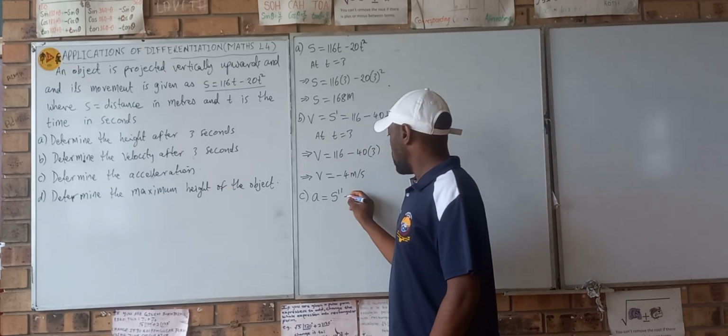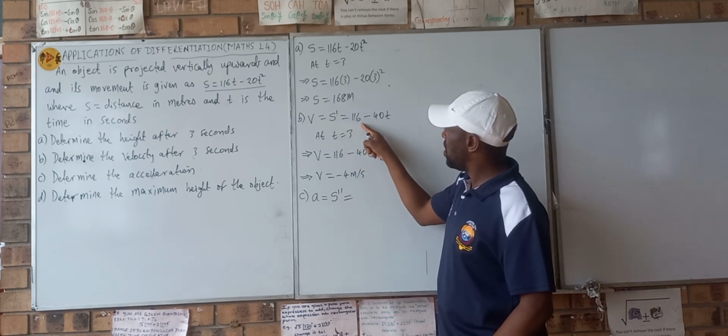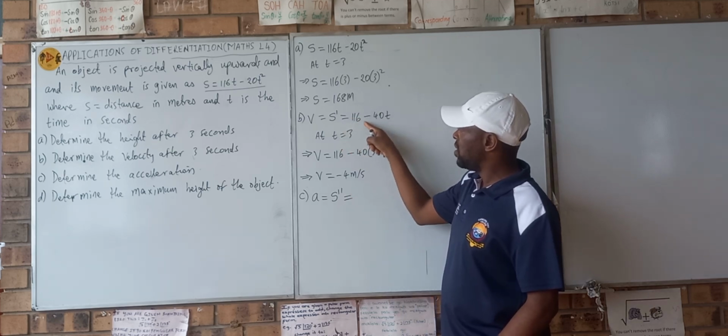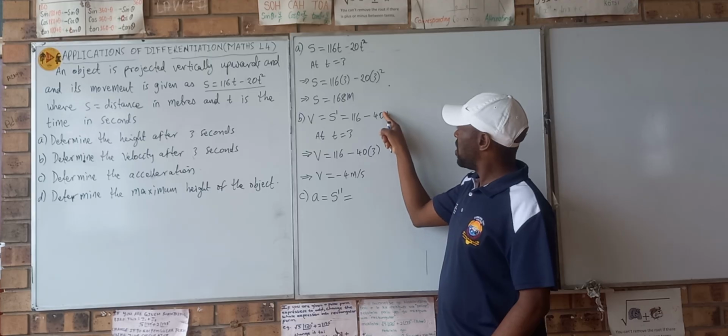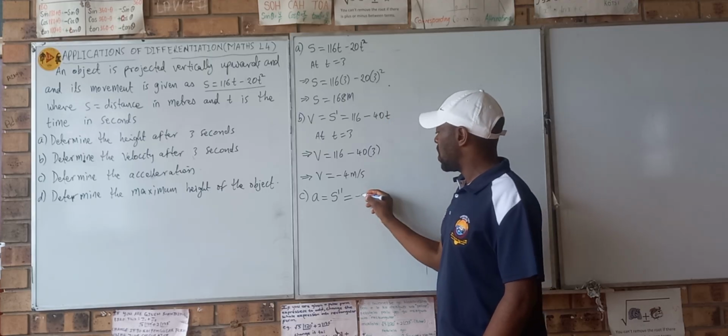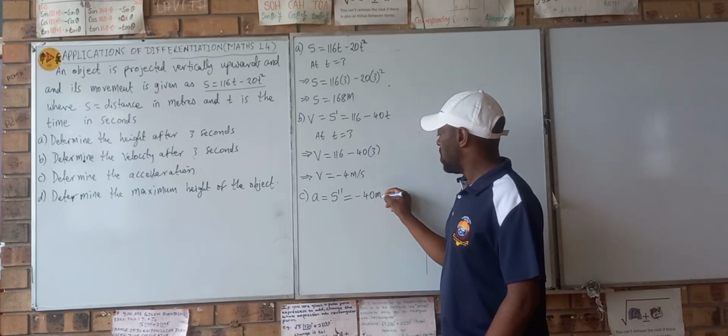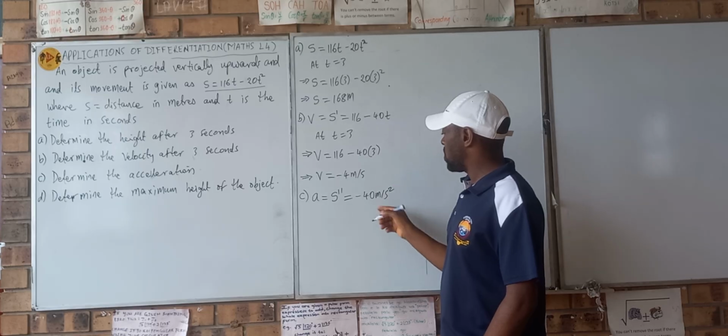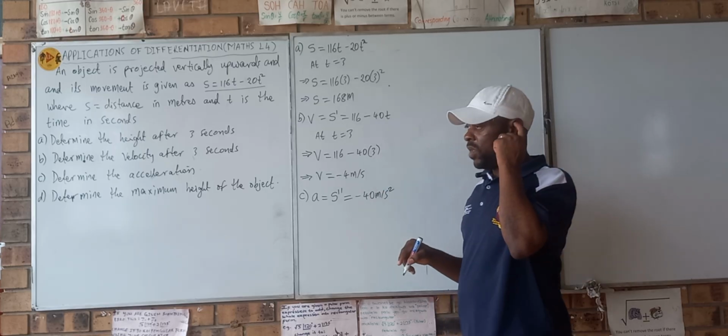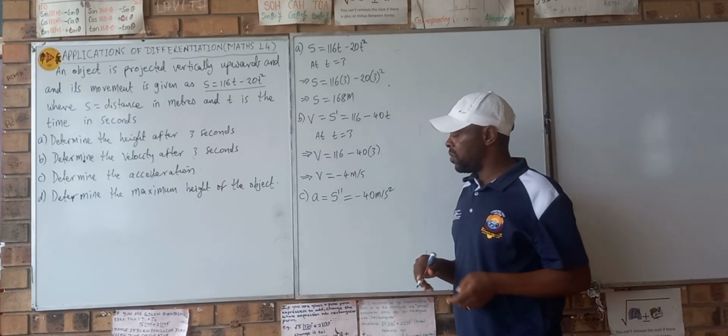The derivative of 116 will be 0, and I'll get negative 40 meters per second squared. The unit of velocity is meter per second, and acceleration is meter per second squared.